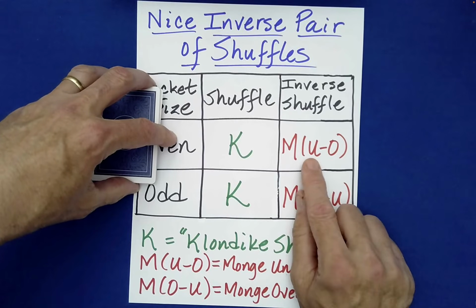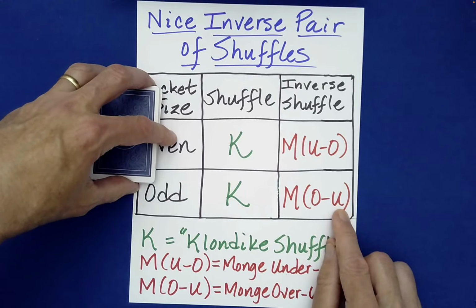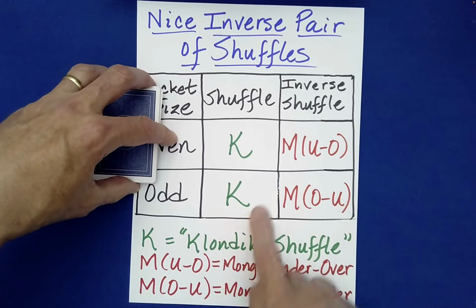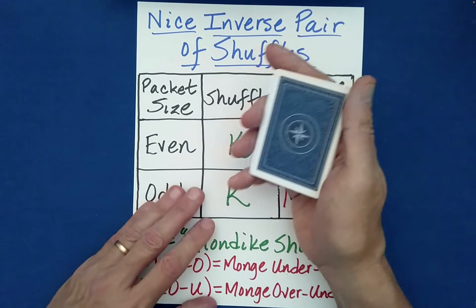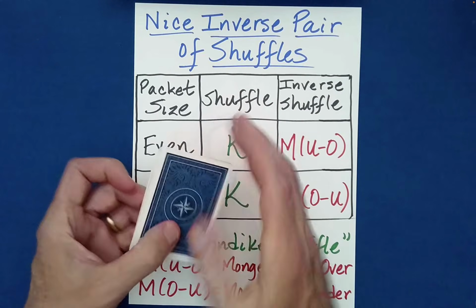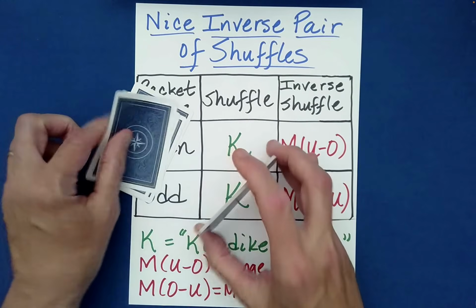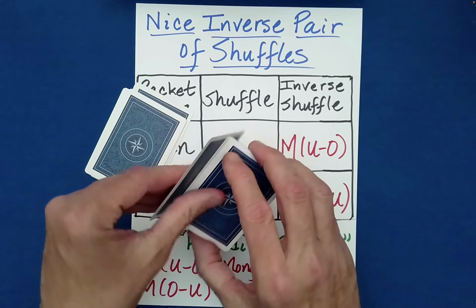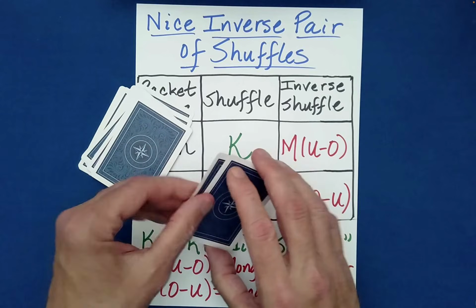Instead of doing an under-over, we do an over-under. And that will essentially cancel out the effect of the Klondike shuffle on this packet of cards. So if we do a Klondike first, we could proceed like that, or you could have started with the over-under first and then done the Klondike. That would be fine as well.